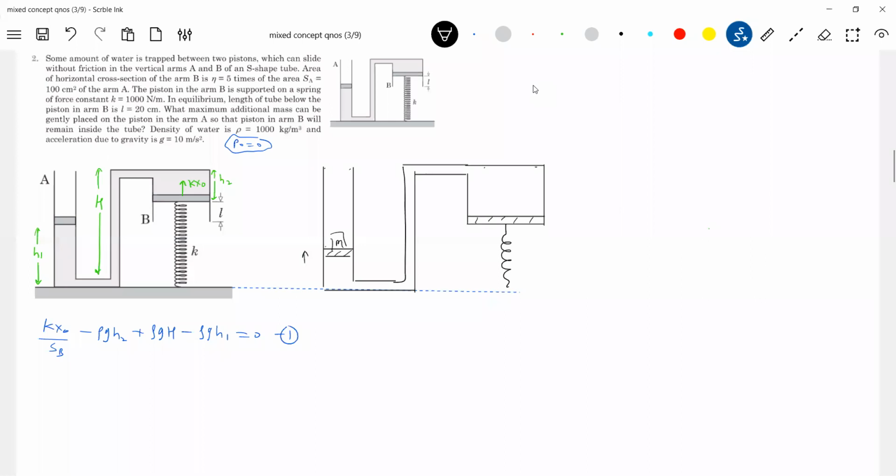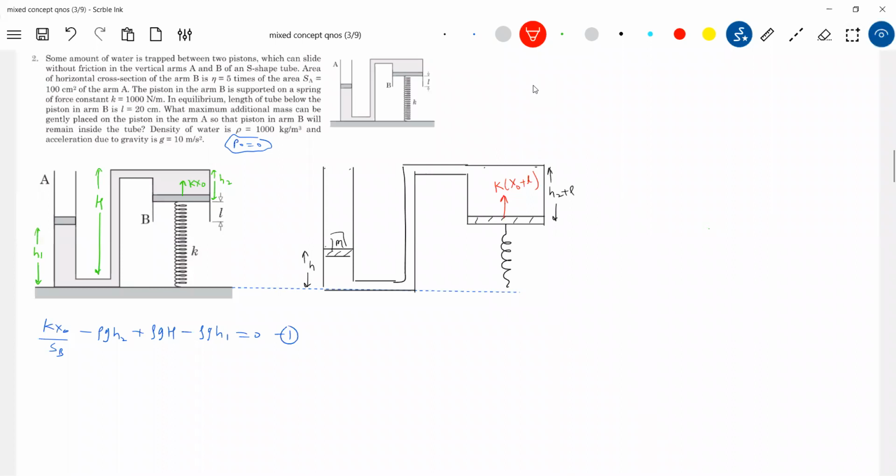Okay, let this be H. This will be H2 plus L. And how much will the spring be compressed? K times x naught plus L. Okay, fine. So this is the thing, no?